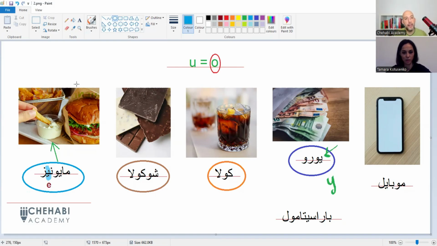We will see in the page after how the E is pronounced A, mayonnaise. And the last word, paracetamol. You write paracetamol, it is paracetamol. We have the B pronounced P, the E equals A, U is O. Paracetamol, the medicine.